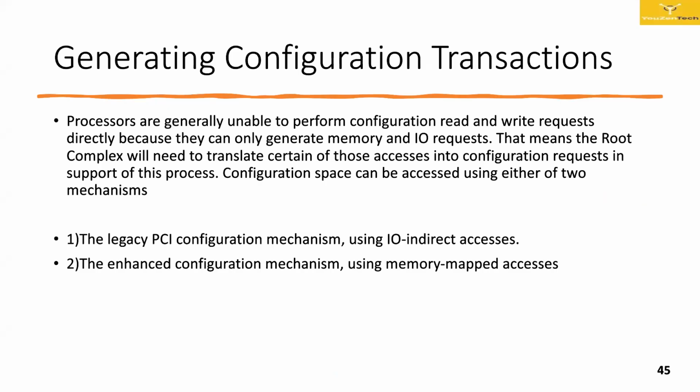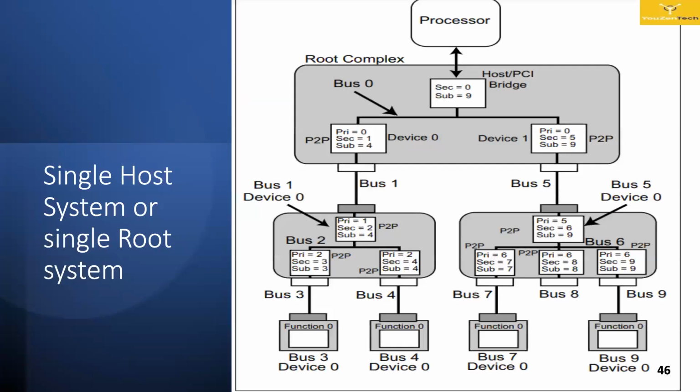This is a single host system and this is the multi. Single host system means we have only one processor. After that, we have a root complex, and we have the devices hooked to the root complex.